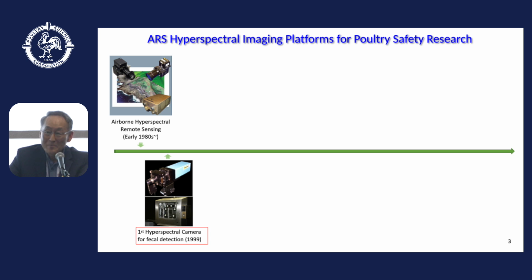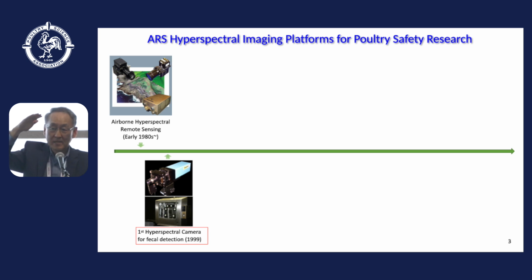The binary data means we cannot see anything, just 0s and 1s. We compiled those binary data together using some methodologies and converted them to a hypercube. That's actually hyperspectral data. However, this particular system is still line scan.